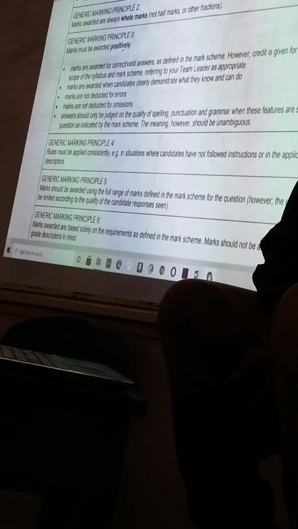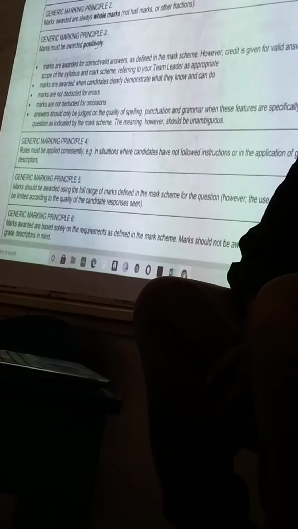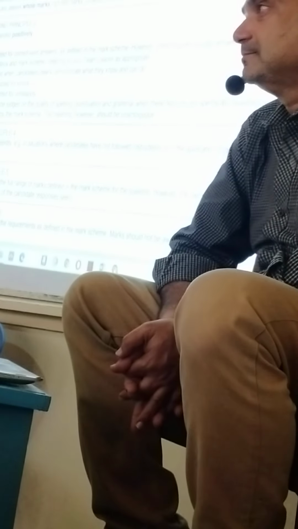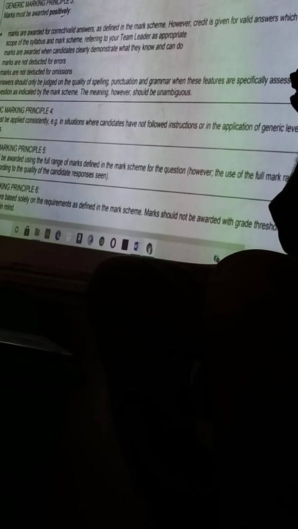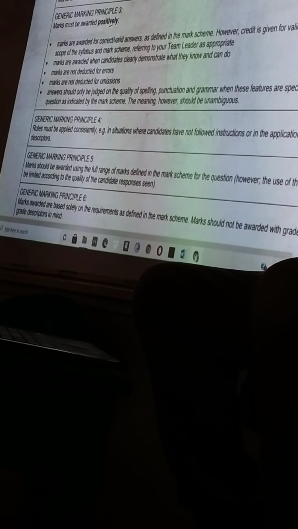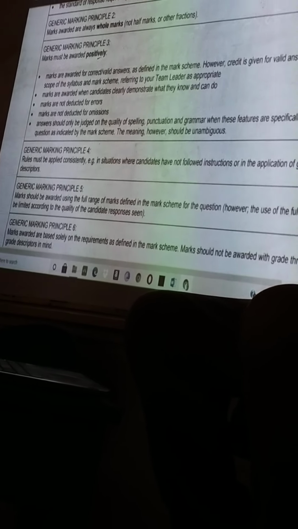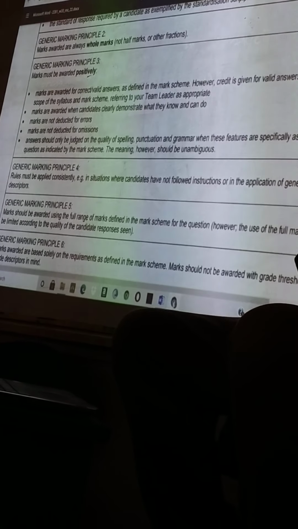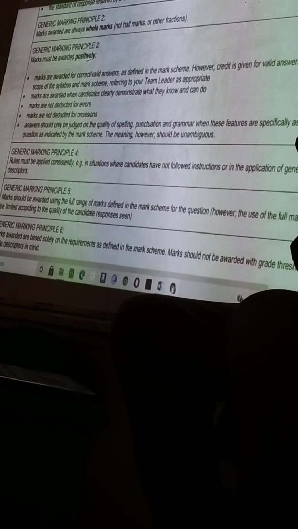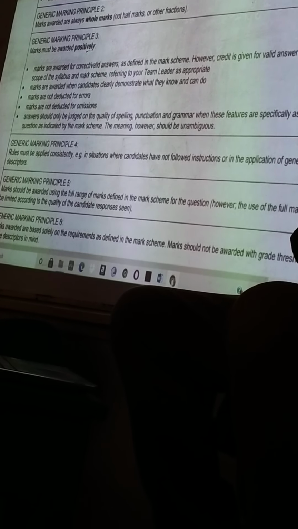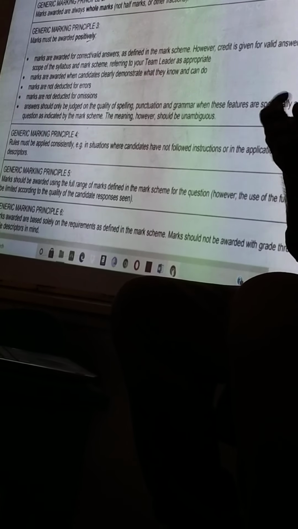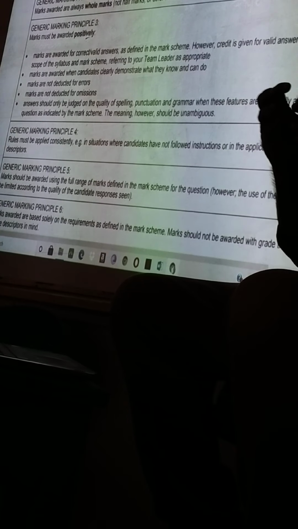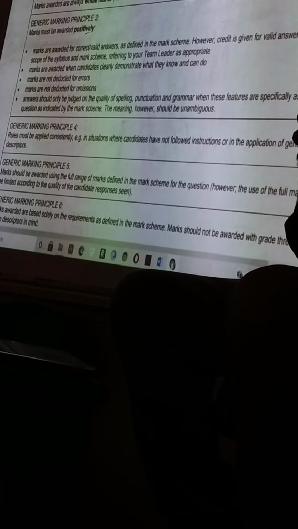Look at generic marking principle 3. Marks must be awarded positively. It's very important. In most of the boards in Pakistan, they look for mistakes. But the Cambridge examination is looking for the things you have written correctly, and they will give you marks for that.